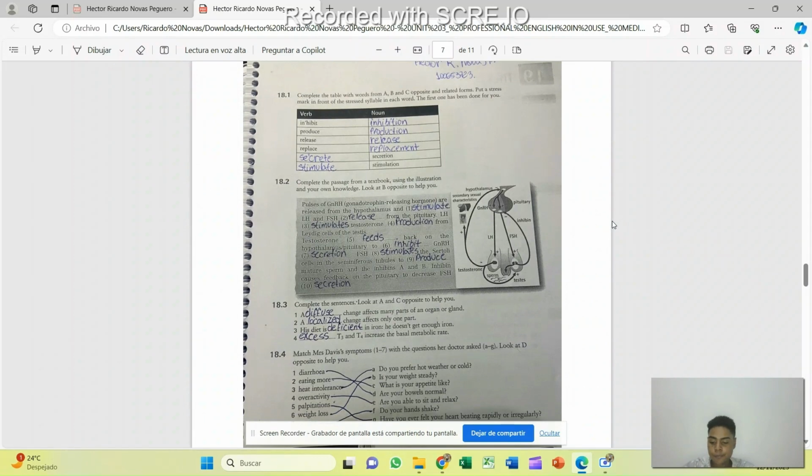Chapter 18. 18.1. Complete the table with words from A, B, and C opposite and related forms. Put a stress marker in front of the stressed syllable in each word. The first one has been done for you.